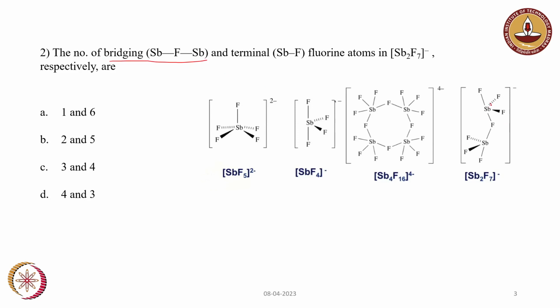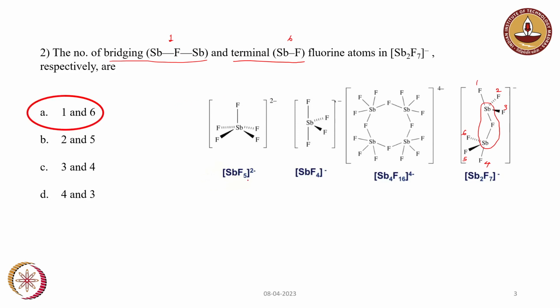So only one Sb-F-Sb bond is present here, and terminal Sb-F: there are 1, 2, 3, 4, 5, and 6 terminal fluorides present, and one Sb-F-Sb bond is present. So the answer is option A, 1 and 6.